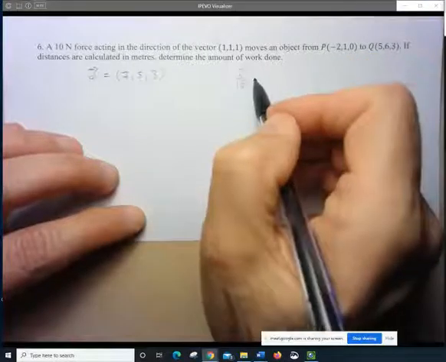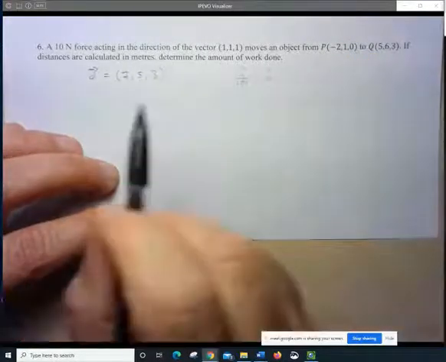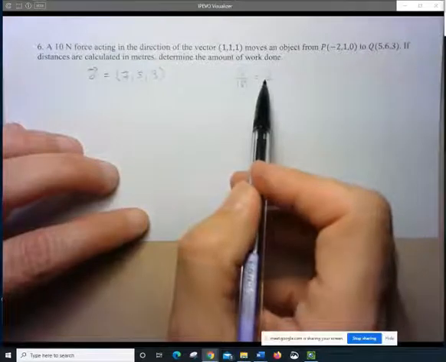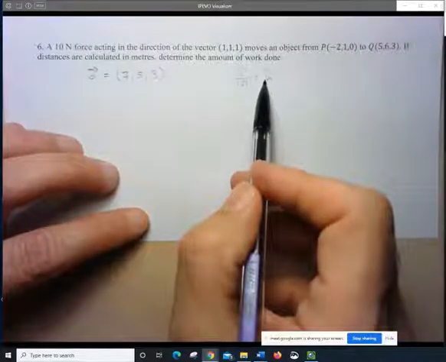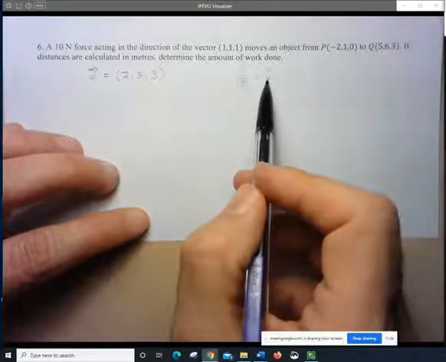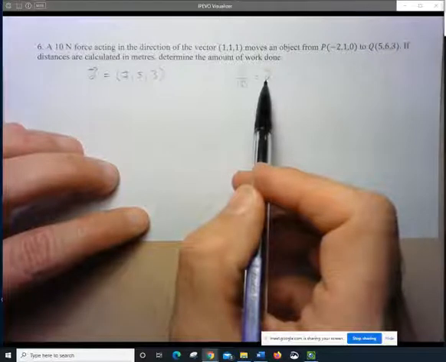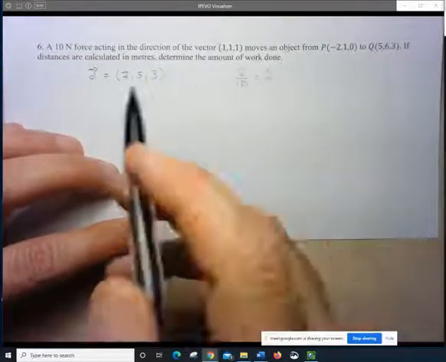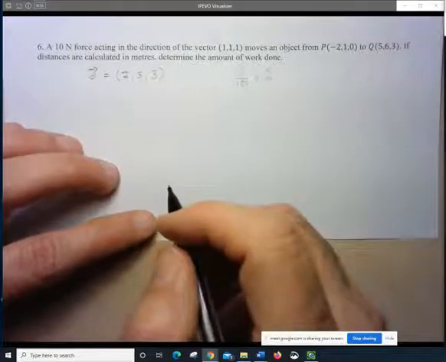That's going to give me the unit vector. And then if I need that to have a magnitude of 10, if this magnitude is just 1, what am I going to do to this vector to get a magnitude of 10? Just multiply by 10. Again, this is that nice usefulness of unit vectors.